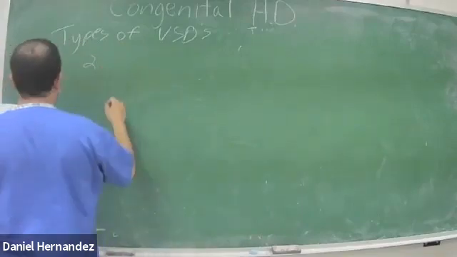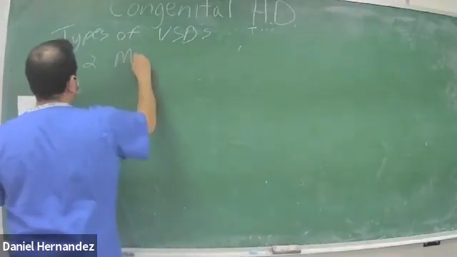Our second type of VSD is going to be a muscular VSD.